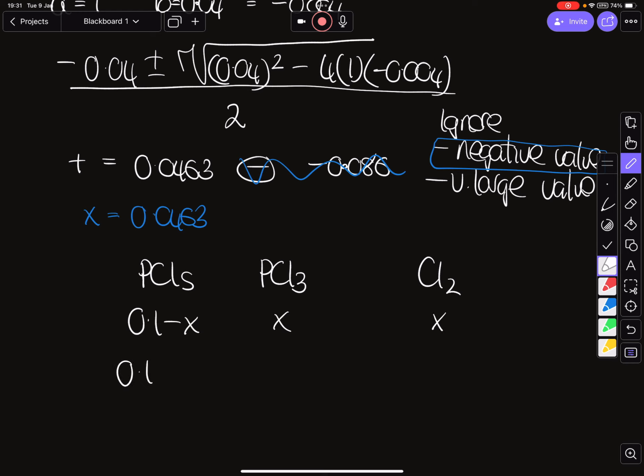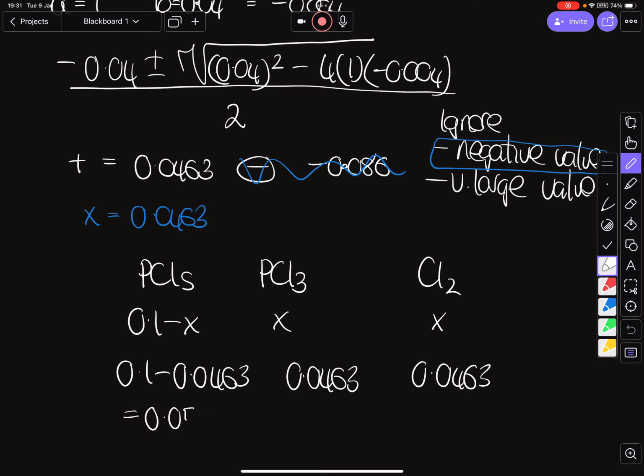So we have 0.1 minus 0.0463. We have 0.463, we have 0.463. So this will be equal to 0.0537. These are my final answers for that particular question.